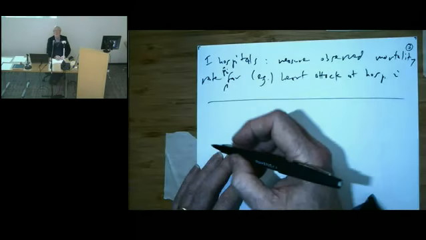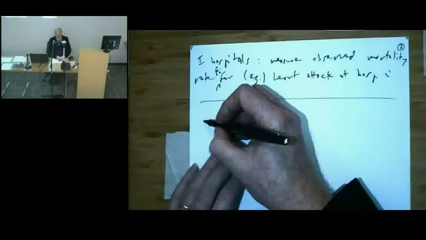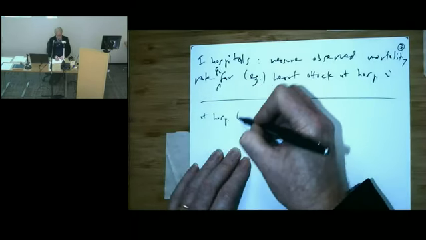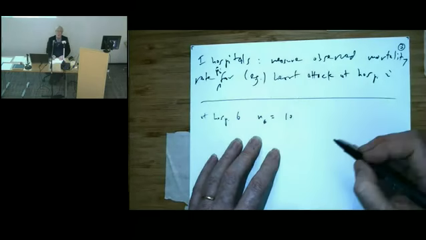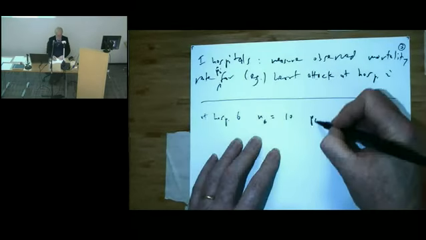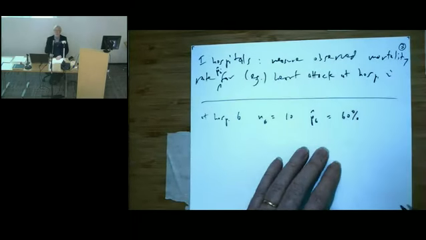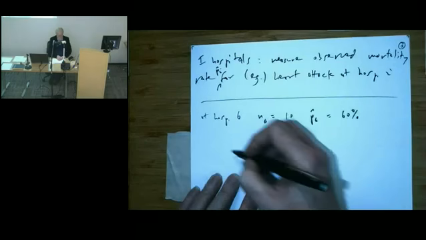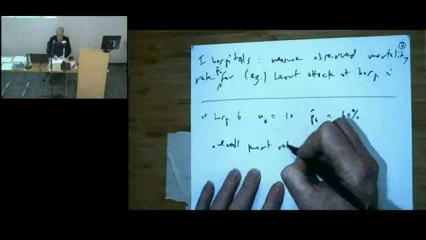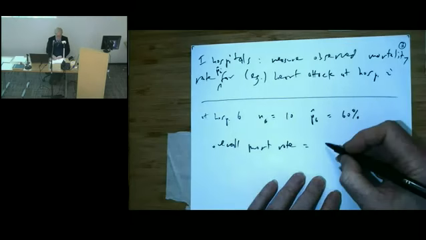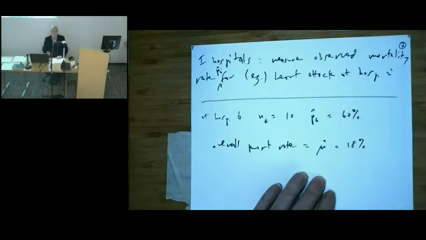Suppose I have one particular hospital where there aren't very many heart attack patients. At hospital 6, for example, the sample size turns out to be only 10 patients, and the observed mortality rate for heart attack patients turns out to be 60%. The overall mortality rate across all the hospitals, we could call it mu hat, is a number more like 18%, for instance.